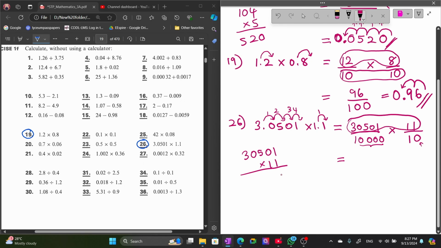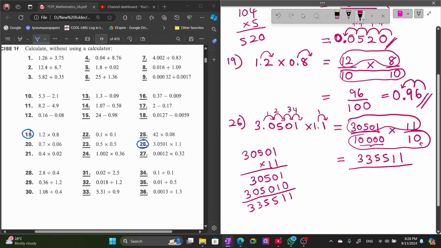Multiplying by 11 is easy. We write this and put a 0, write this again. Now add. This is our multiplied number, 335511 over 10,000 times 10, which is 100,000.